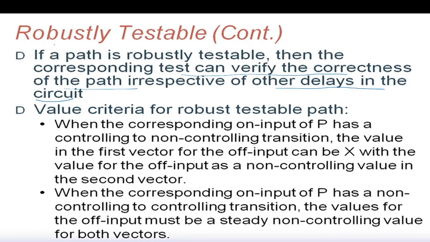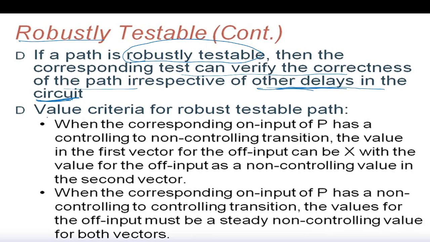In the robustly testable case, there can be other delays also. Next we will see where we test non-robustly, where we consider that this is the only delay fault in the circuit and no other delay faults are present. If a path is robustly testable, that means other delay faults can also be present in the circuit.